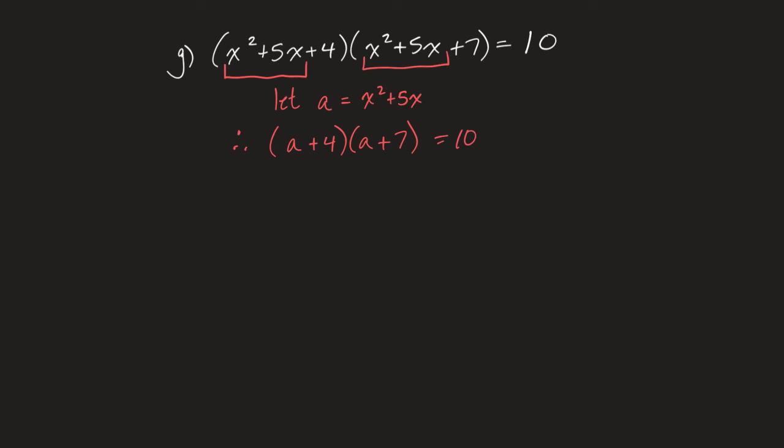Now, I want to stop there because this is where we can have our discussion about why we should not have expanded the original line, or why in this case it would not be a good action. When you take a look at expanding that top line, the original equation, we could see that we're going to get an x to the fourth equation. And I need you to keep in mind, are you able to solve all quartic equations?